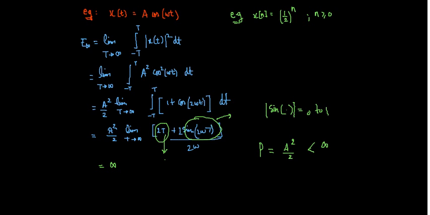So what signal is this? You tell me first. This signal is a power signal, right? What about this one? Energy is finite, 4 by 3, which is less than infinity. Power is 0. So what signal is this?